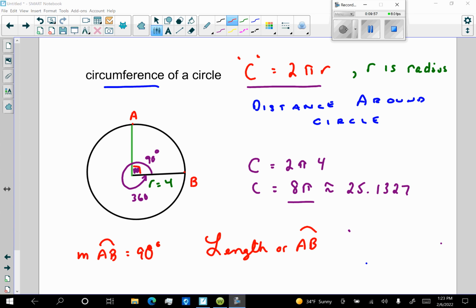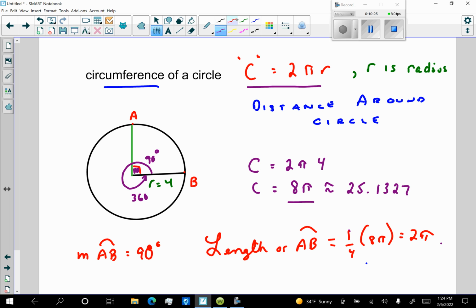And if you've had time to think about that, if the measure of AB is 90, which is 1/4 all the way around, then it seems reasonable that the length of this arc AB is going to be 1/4 of 8 pi, which is going to be 2 pi. And you would be absolutely correct. So the length of AB is 2 pi.